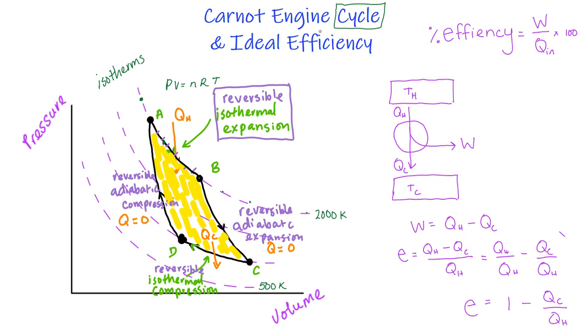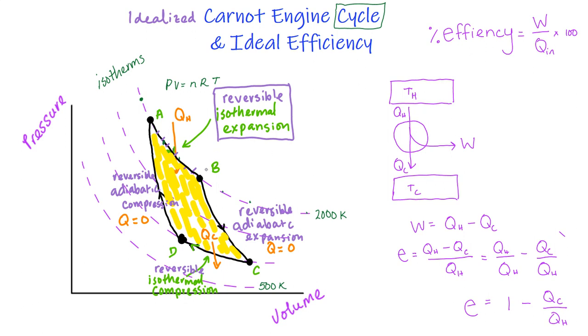Now we know that this is going to be an ideal engine. So an idealized Carnot engine cycle is one in which all of these processes are reversible. So I could have a more realistic Carnot engine cycle by just removing the word reversible from all of these and saying that there is some sort of process going on here, but of course it's not going to be the most efficient.